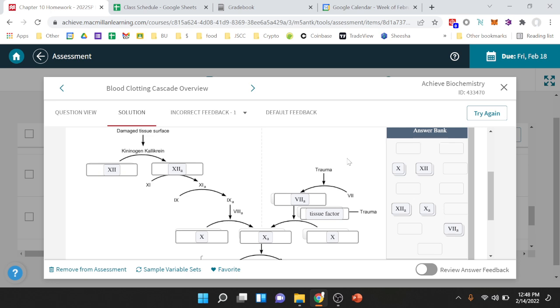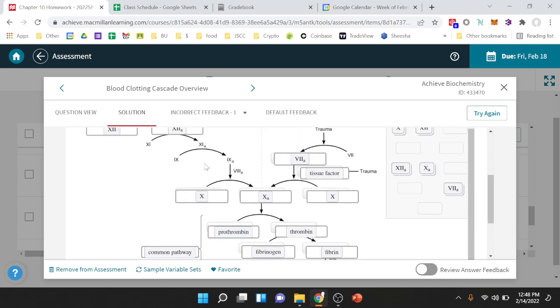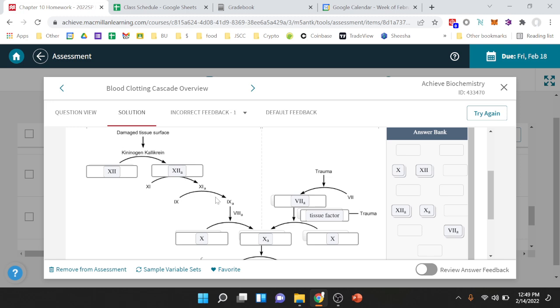It mostly works itself upwards in numbers as you go down, for the most part. If you look here, if you're given part of it, you have the factor, and then it goes to the active form. See that? A for active, right? And then it goes on to the next part, because that's going to be a cascade, right?